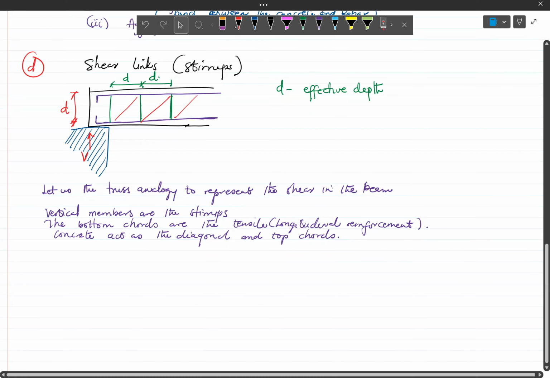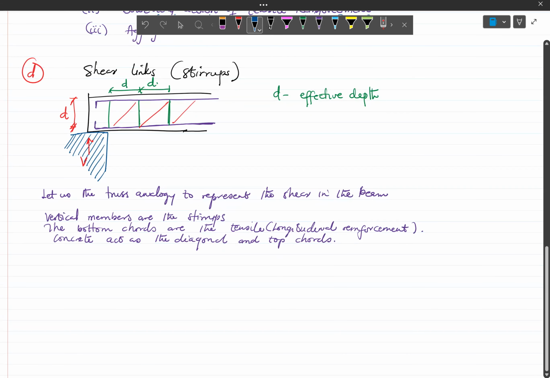So typically this angle here, theta, is typically 45 degrees or close to 45 degrees. Okay. And this has been proved through experiments that normally this angle is close to 45 degrees.